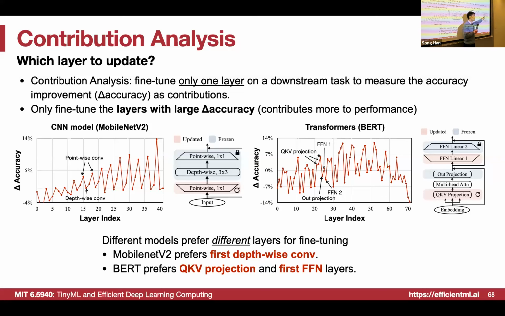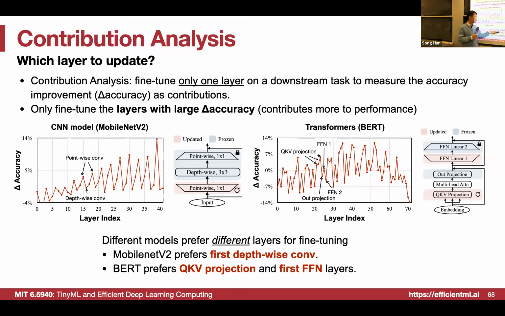So the activation size here is smaller than here. The number of activations you need to store if you want to fine tune FFN1 is actually less than FFN2. And accuracy contribution is actually more for FFN1 compared with FFN2. And that's consistent across different layers.